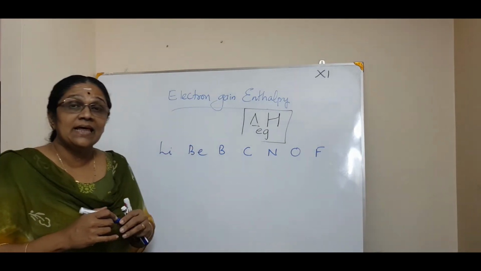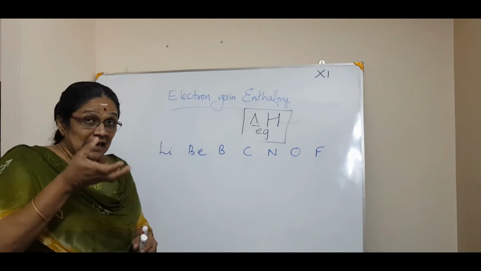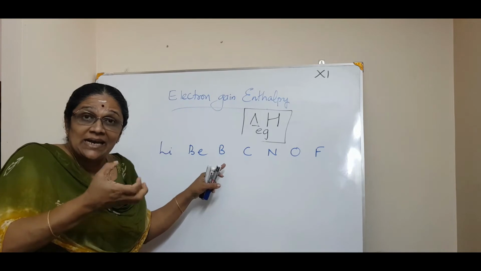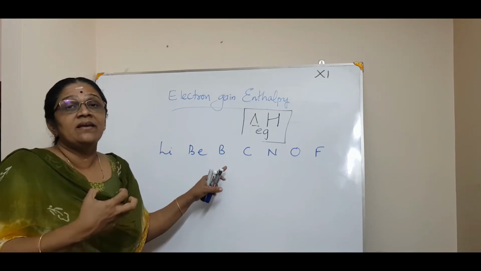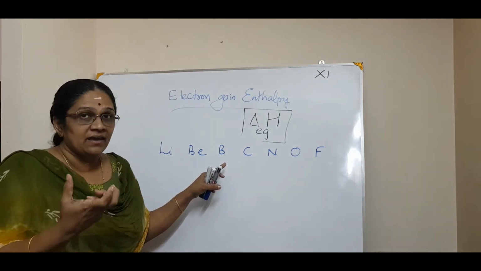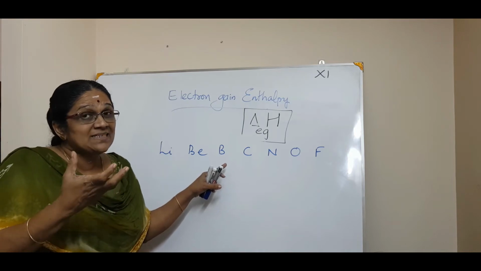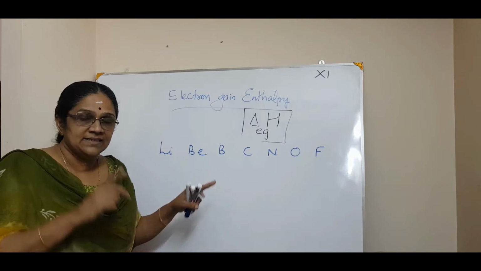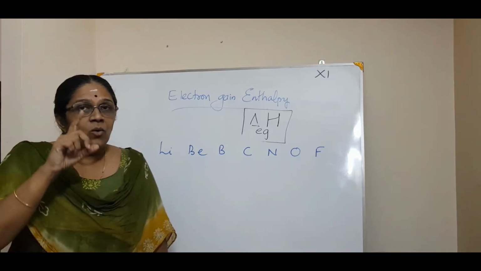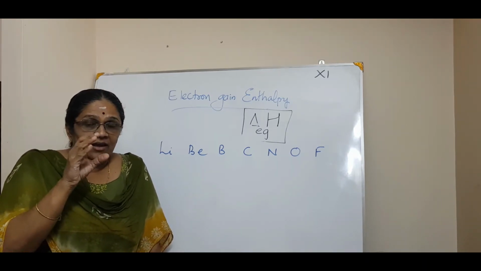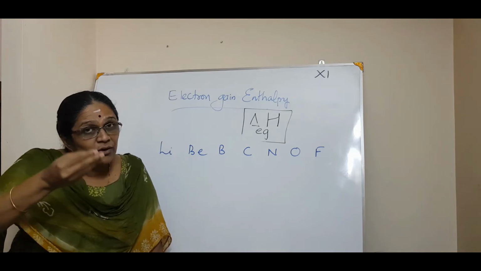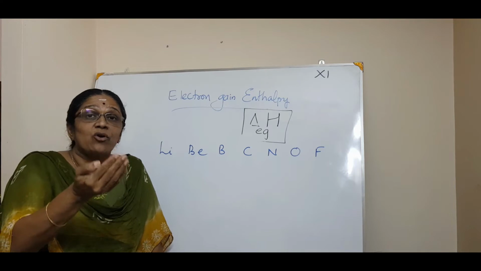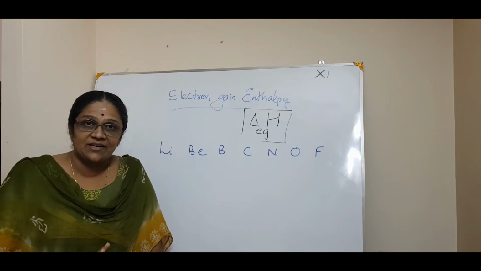The electron gain enthalpy means, see, if the element is ready to take an electron, ready to accept an electron, then its electron gain enthalpy is high. And high, in terms of value, we can say as high negative value of enthalpy. Listen carefully. Whenever we talk about electron gain enthalpy, that is the enthalpy change accompanying when an electron is added to a gaseous atom, correct?